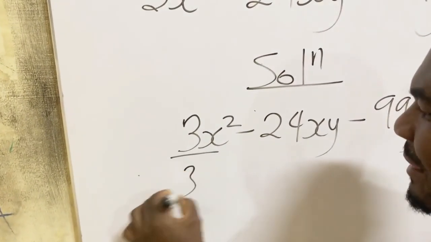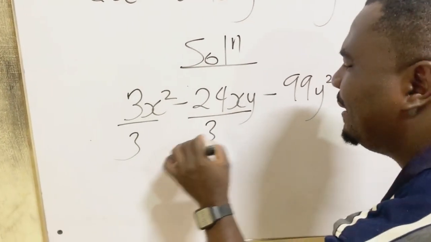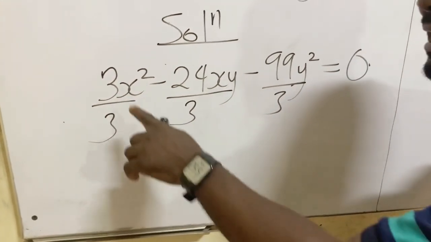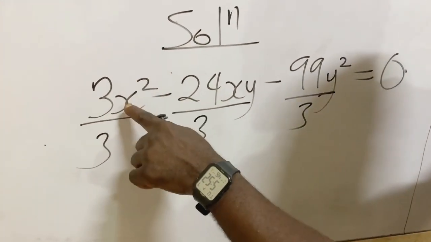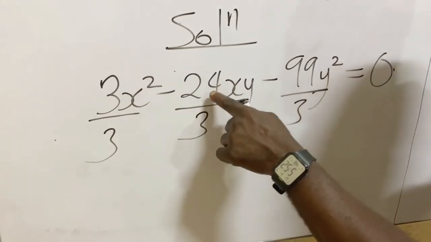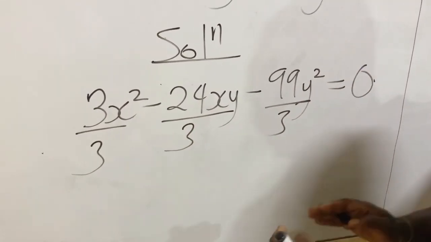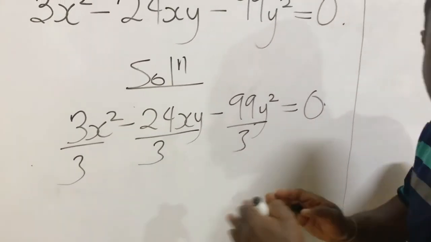I will divide by 3. Why? Because I've noticed that the coefficient of the quadratic term, which is 3, can go into all the terms. So we want the reduced form in solving it. Other than that, you are going to get it wrong.